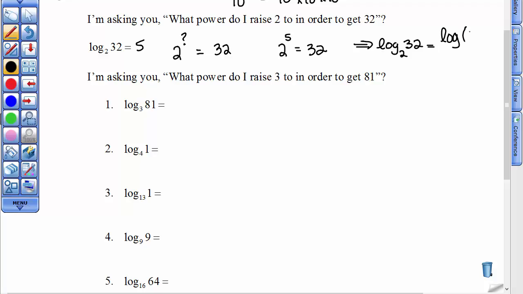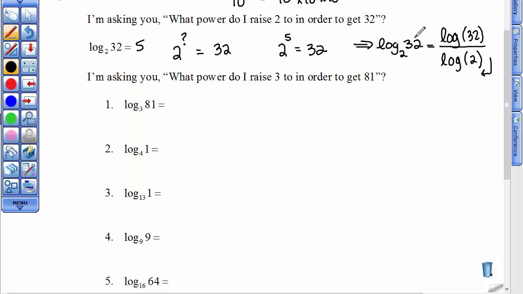Would you go ahead and open parentheses and type a 32, and then you got to close parentheses, and then I want you to hit the divide by symbol on your calculator, and then I want you to hit the log key again, and would you have it open parentheses? If it does not, and then would you put the 2 in, and then would you have it close parentheses, and then would you hit enter?